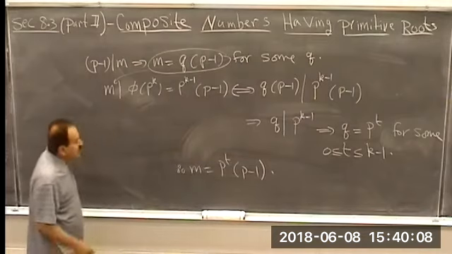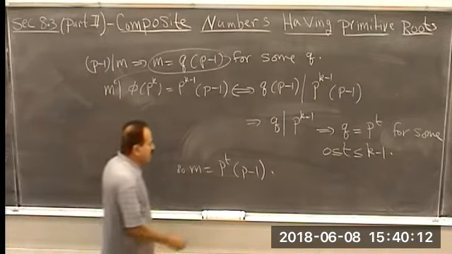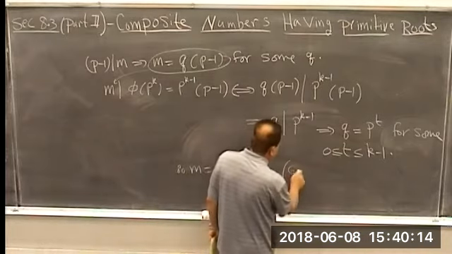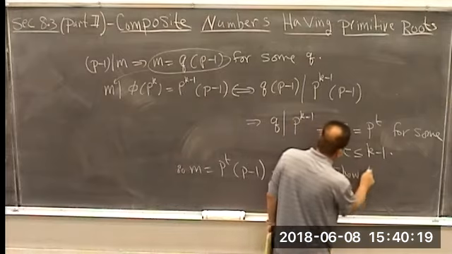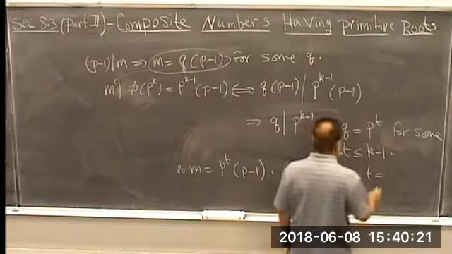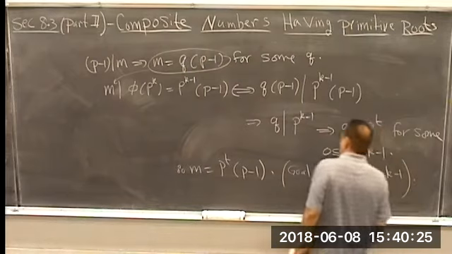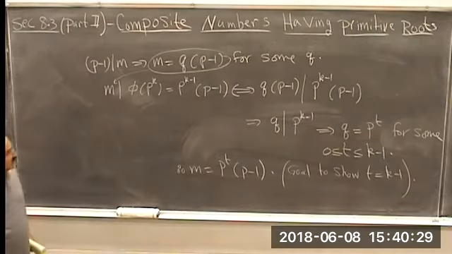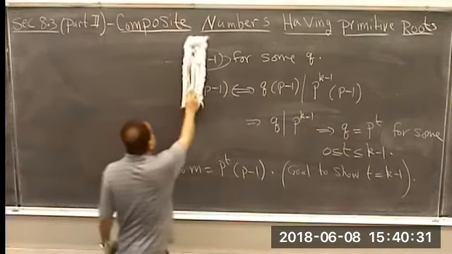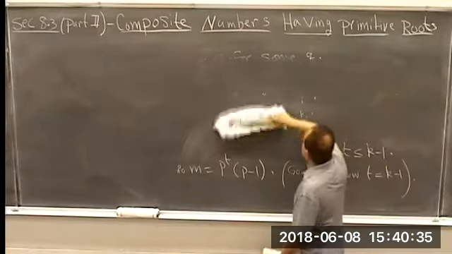Well, I'm going to show that, in fact, t must equal k minus 1. So this is our goal, to show t must be the highest exponent, k minus 1. Let's assume it is not. We're going to do this by contradiction. So let's assume t does not equal k minus 1, so it's going to be less than that.